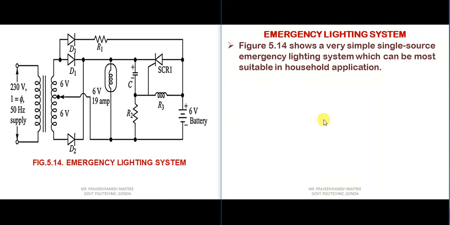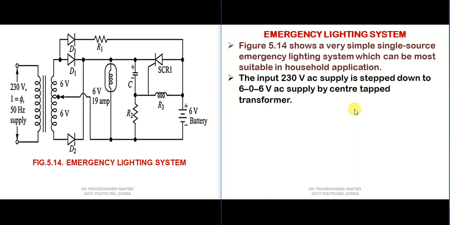This circuit is very simple. It is a single source emergency light system, and it is suitable for household application. The input 230 volt AC supply is stepped down using a center tap transformer.